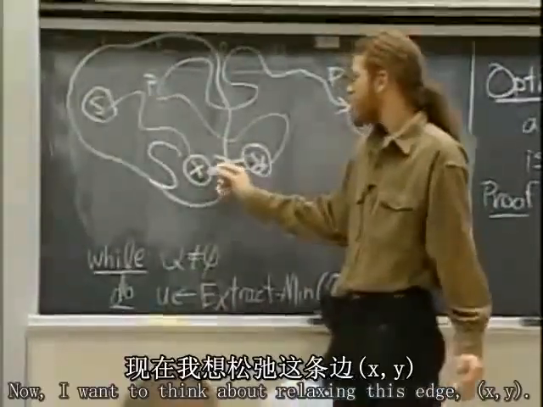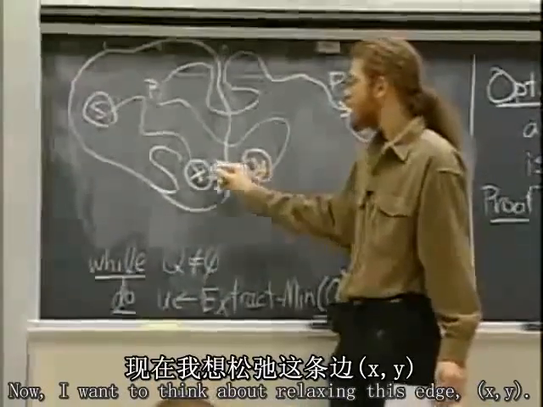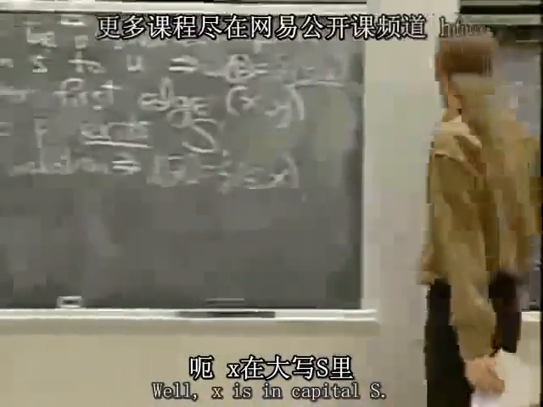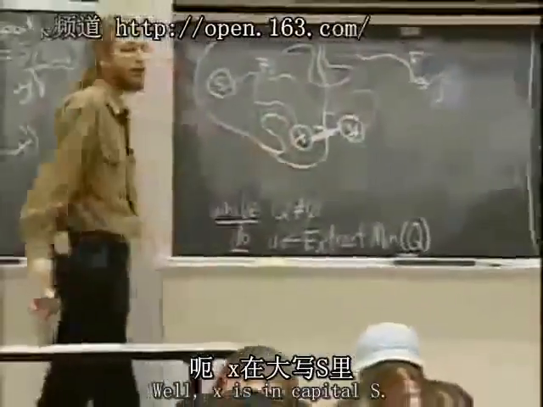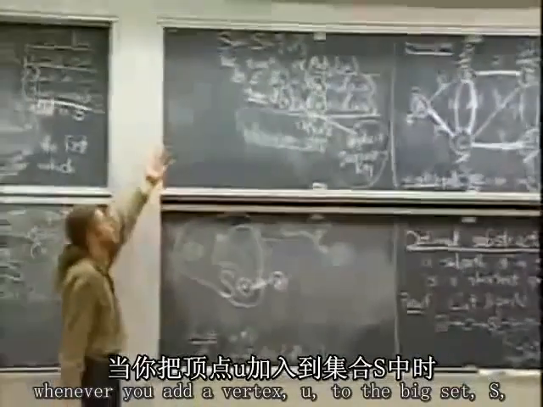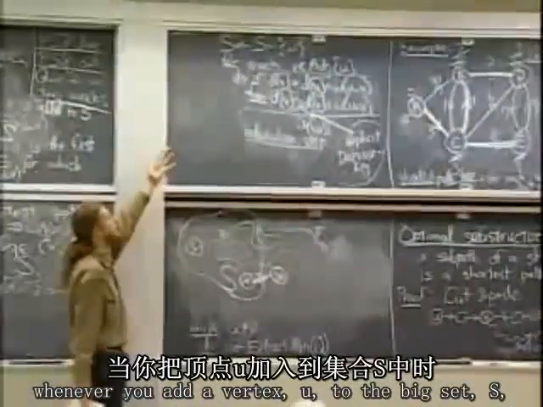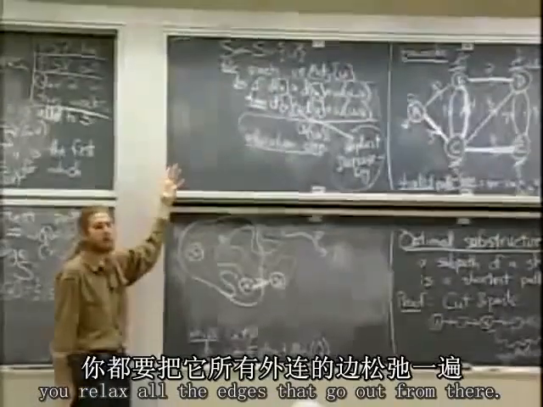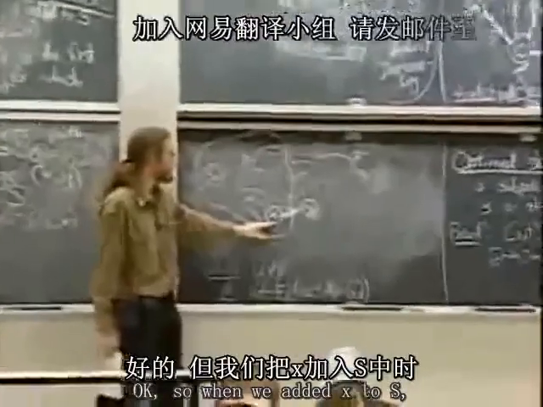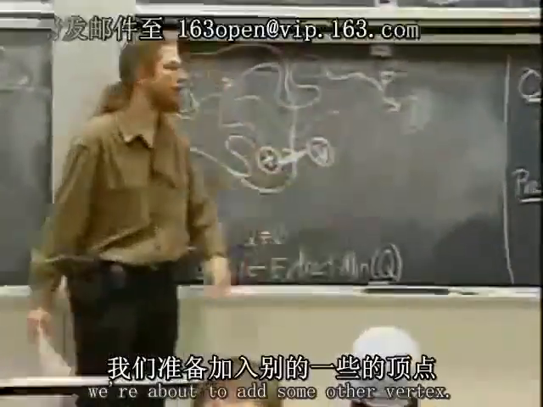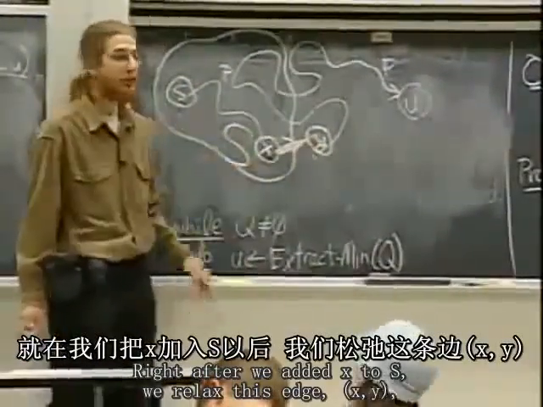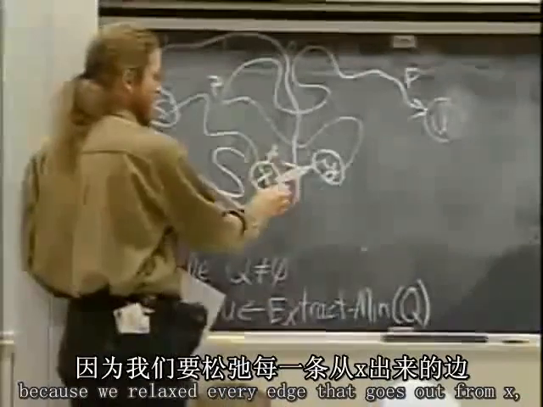Now, I want to think about relaxing this edge xy. Well, x is in capital S. And the algorithm says whenever you add a vertex u to the big set S, you relax all the edges that go out from there. So when we added x to S, and we're now far in the future, about to add some other vertex, right after we added x to S, we relaxed this edge xy, because we relaxed every edge that goes out from x.